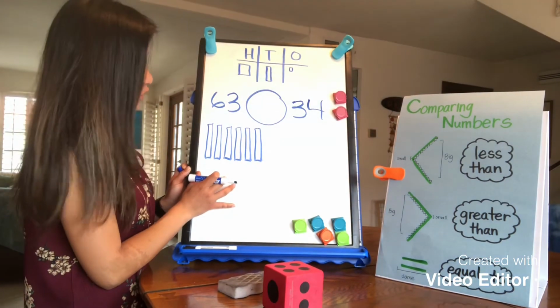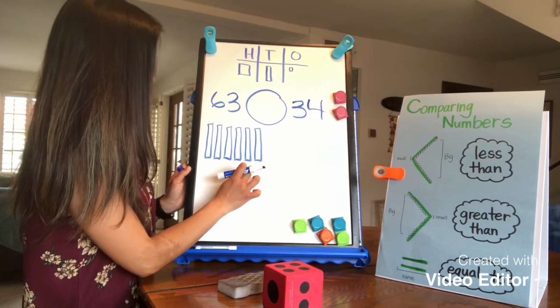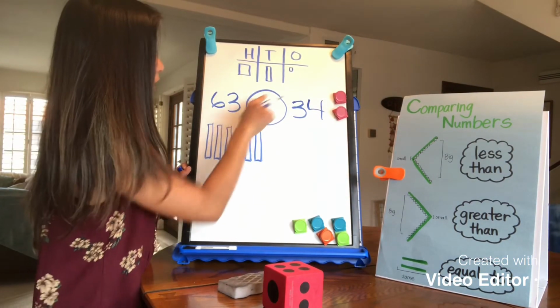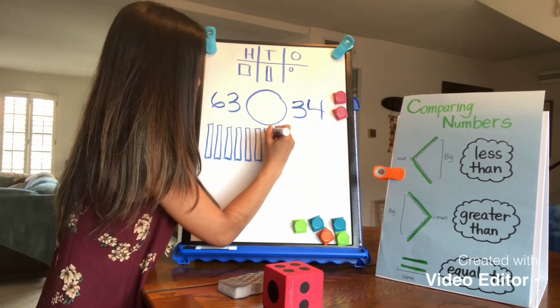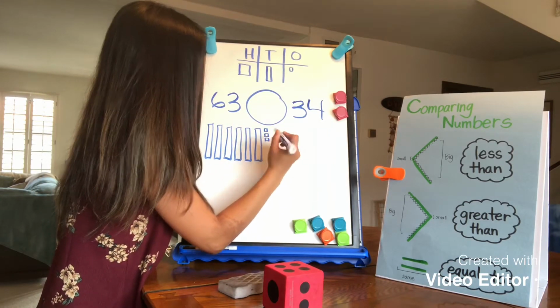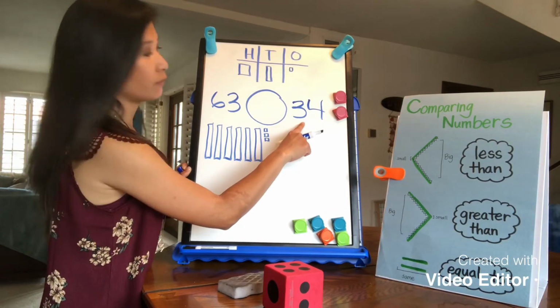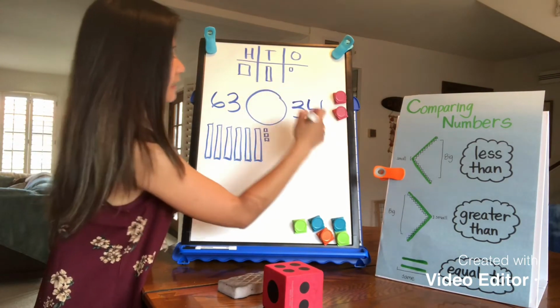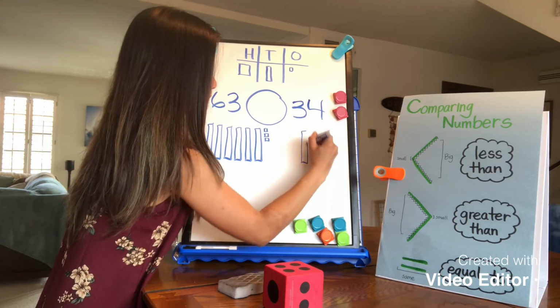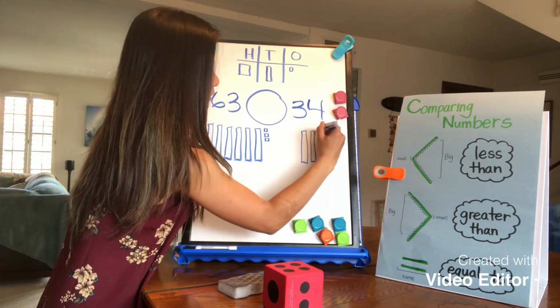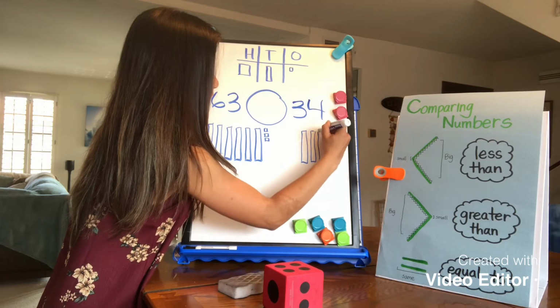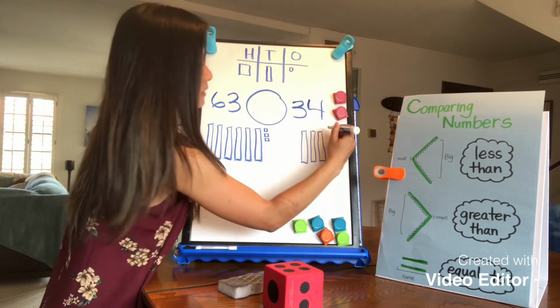So double check to make sure that you have the correct amount of longs to show your number. So 3 ones. 1, 2, 3. And now I want to draw out the number 34. 34 has 3 tens, so 3 longs. 10, 20, 30, and 4 ones.